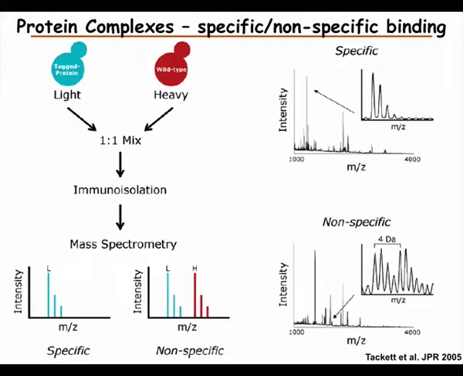Now the issue here is very fast exchanging proteins. It works really well for stable complexes, but you always have some parts of the complex that might be fast exchanging, so they will exchange in the time after you mix, before you do the immunoisolation.